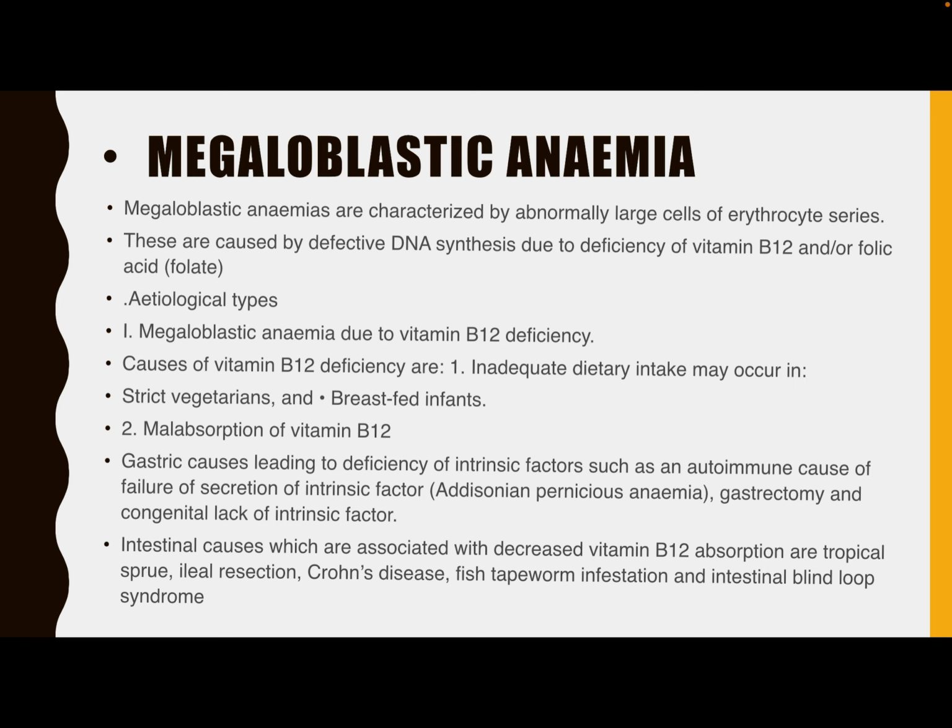Malabsorption also happens due to gastrectomy and congenital lack of intrinsic factor. Intestinal causes associated with decreased vitamin B12 absorption are tropical sprue, ileal resection, Crohn's disease, fish tapeworm infestation, and intestinal blind loop syndrome.